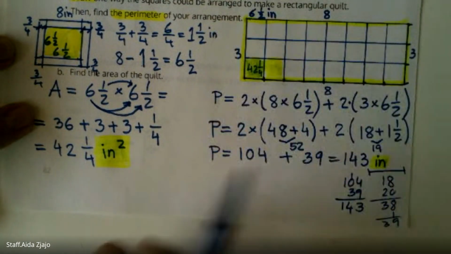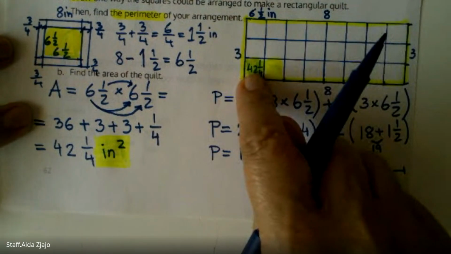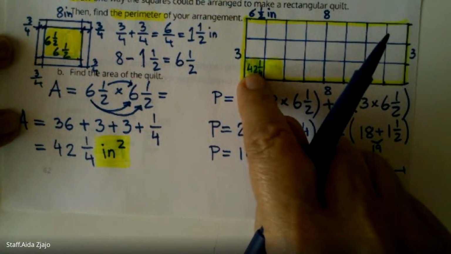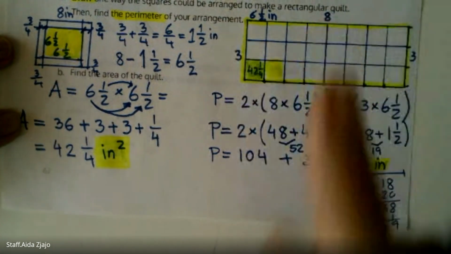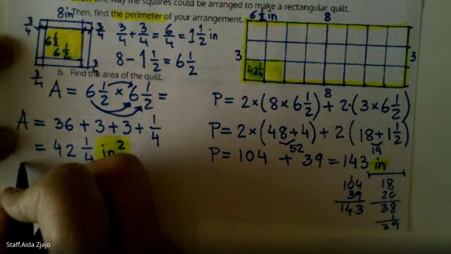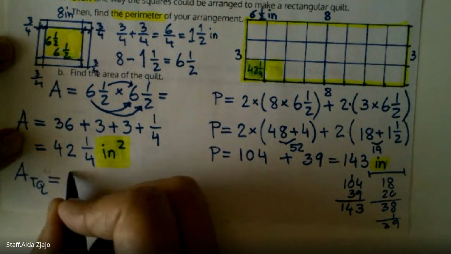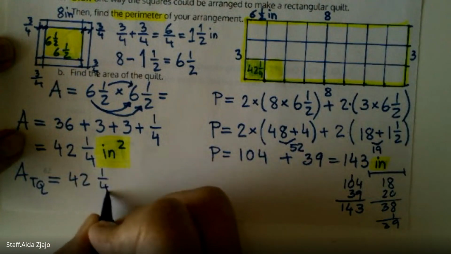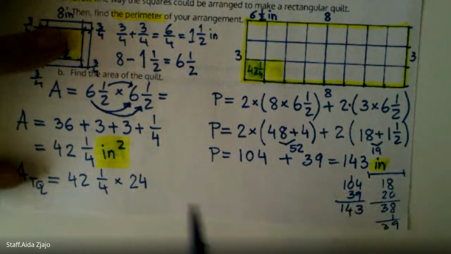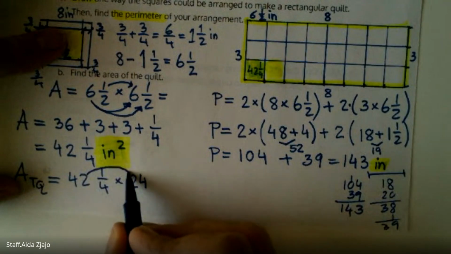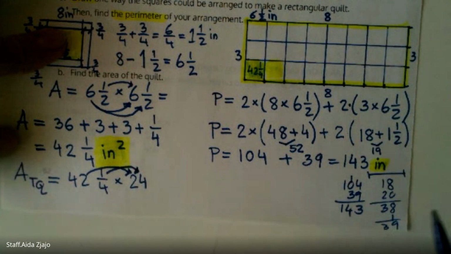Okay, and so far I found the area of one quilt square. So now I need to do 42 and 1/4 times 24 for each student. So the total area of the quilt is 42 and 1/4 times 24. So 42 times 24, and what is 1/4 of 24?